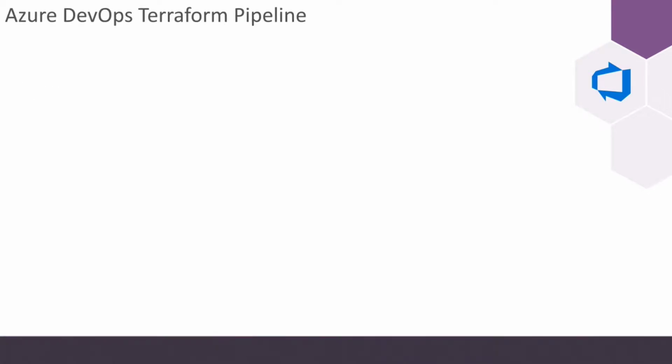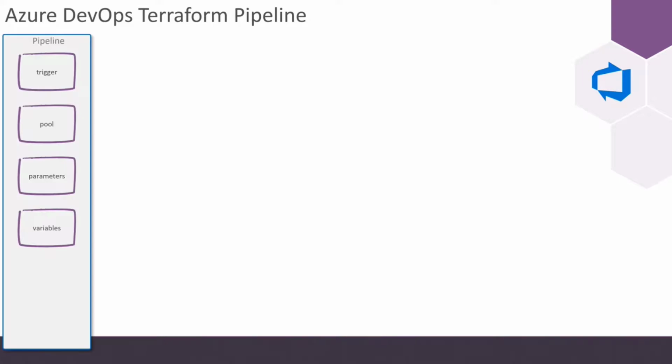So how do we do this in Terraform? The example we're going to look at is basically going to build a pipeline. At the top level, we're going to have some triggers. We're going to say, at what point do we want this pipeline to run? Do we want it to run when it merges into a specific branch? Do we want it to be done manually? We're also going to specify a pool. Do we want it to use a self-hosted pool?